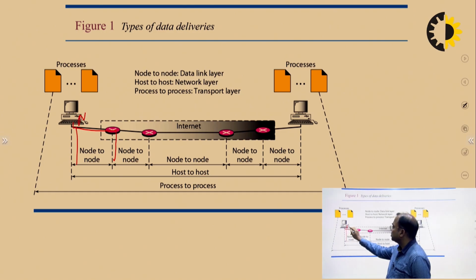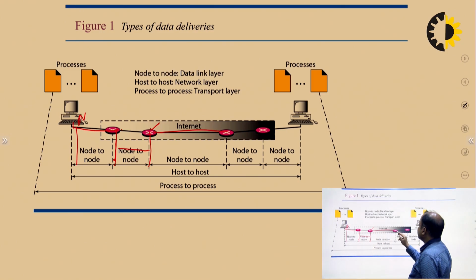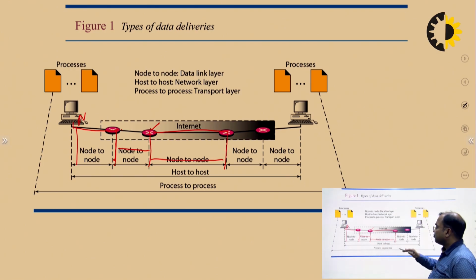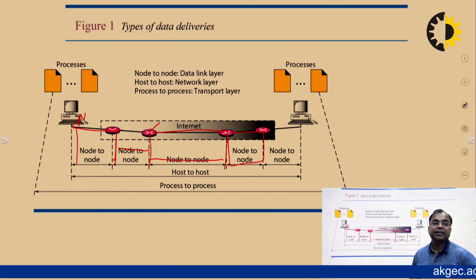This is also a node, and this is also another node. Transferring data from one system, one router, one network device to another network device is called node to node delivery of the data, and this is the responsibility of the data link layer.